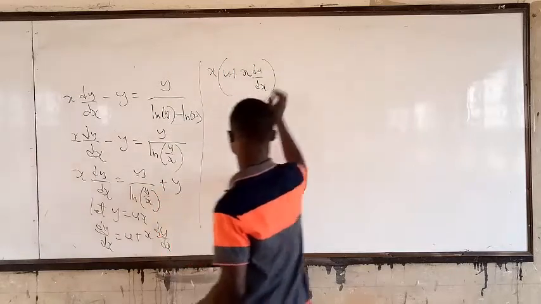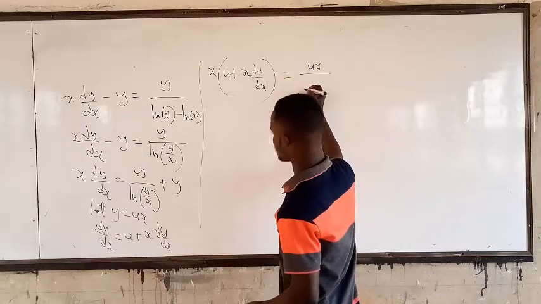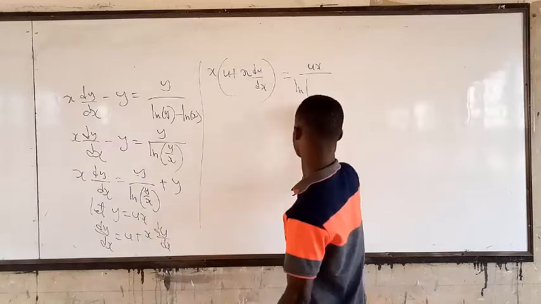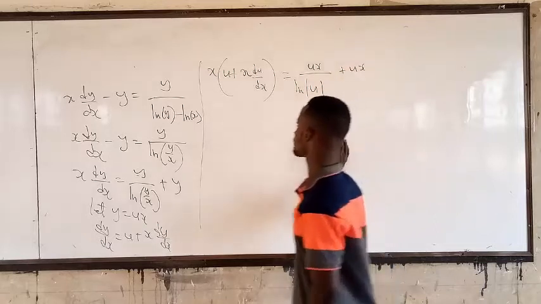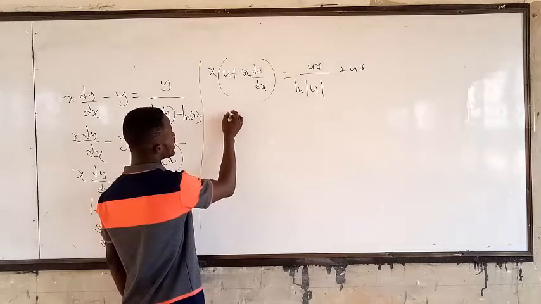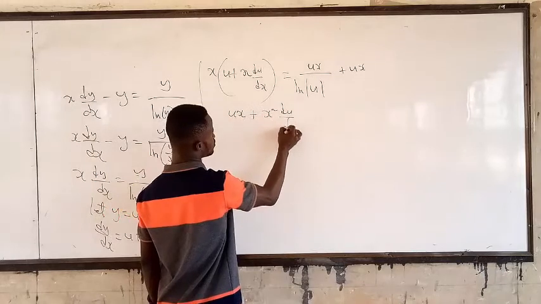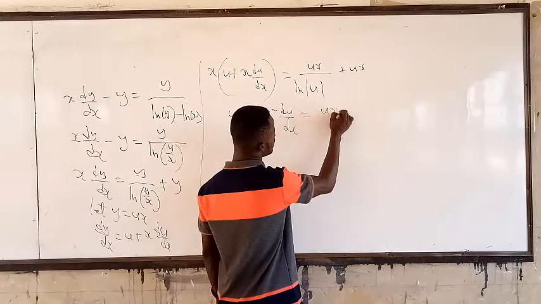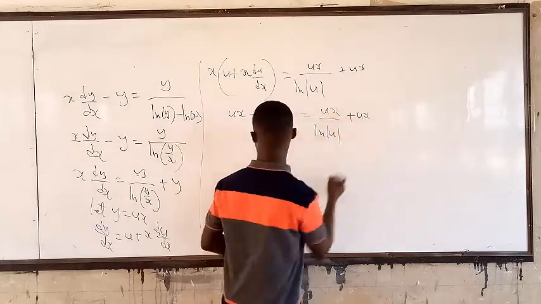x. Then y is ux over ln(y over x), which is what? u plus ux. So here we get ux plus x squared du/dx is equal to ux over ln u plus ux.